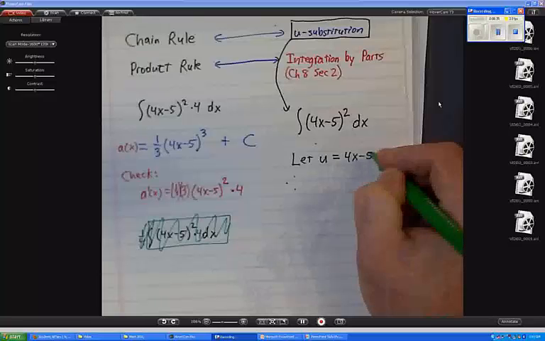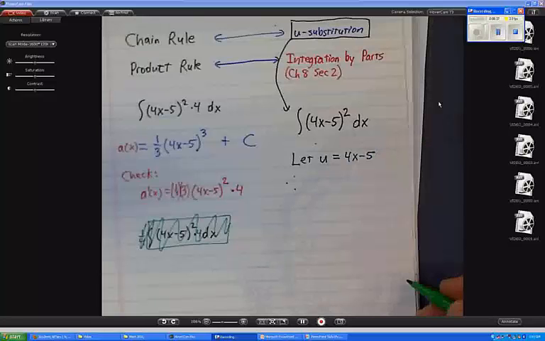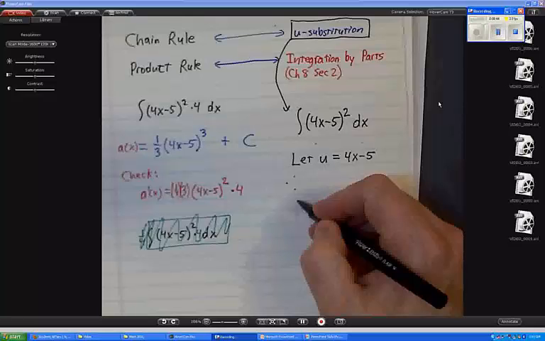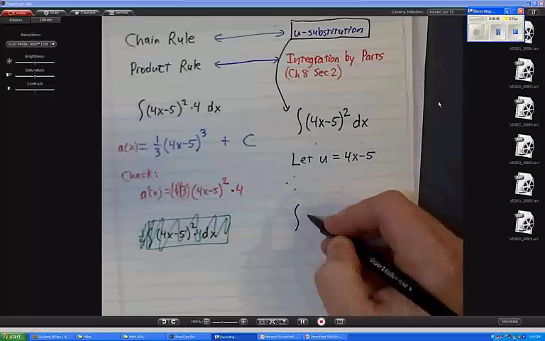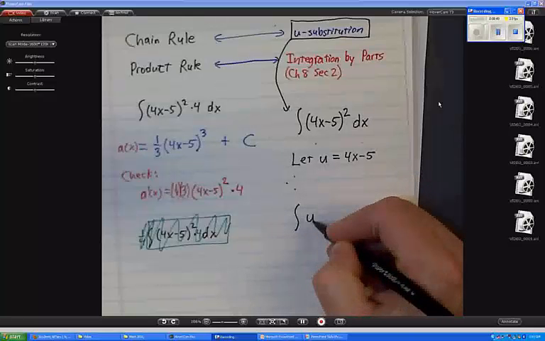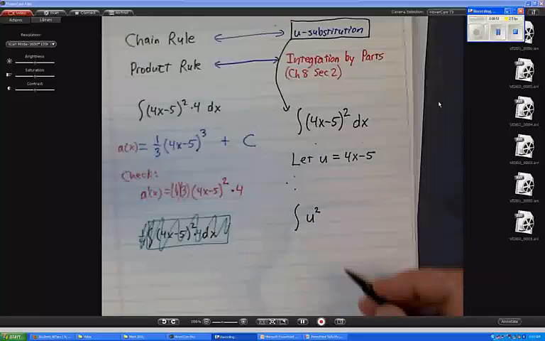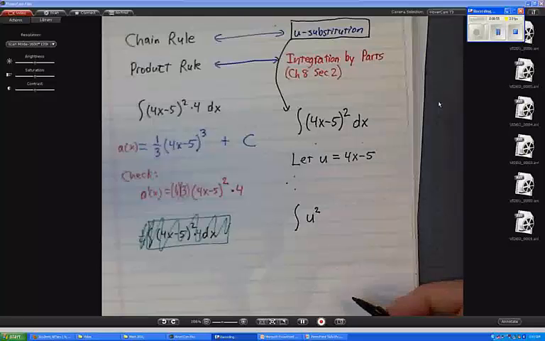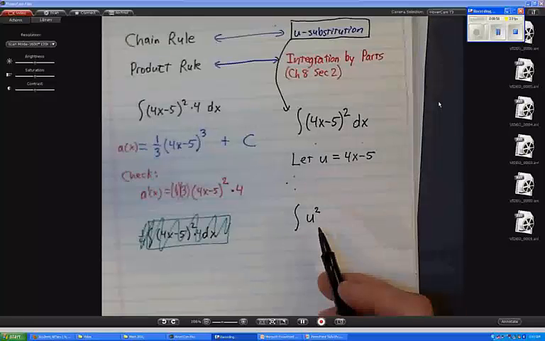Now I want to skip a few spaces. I'm going to point out that my integral now becomes the integral, the antiderivative of u squared. Do you guys see that? But if my variable is u, I can't put the differential dx.